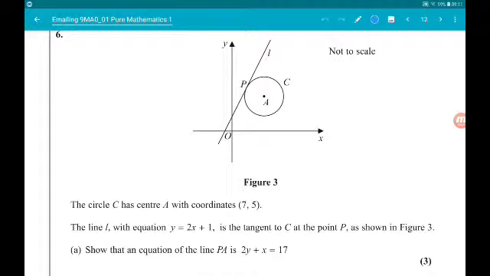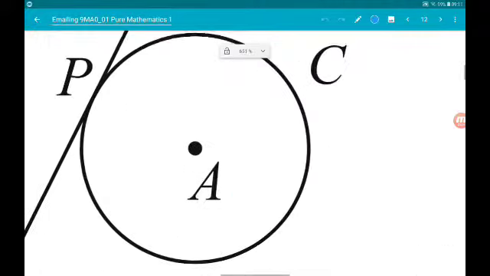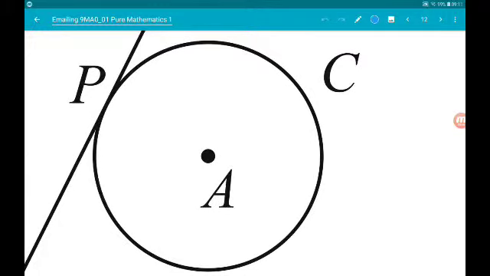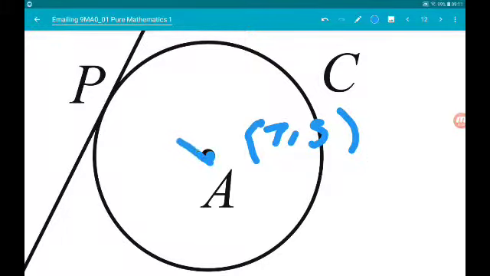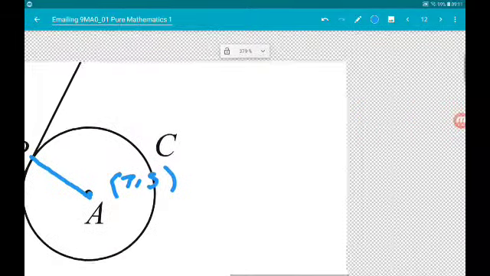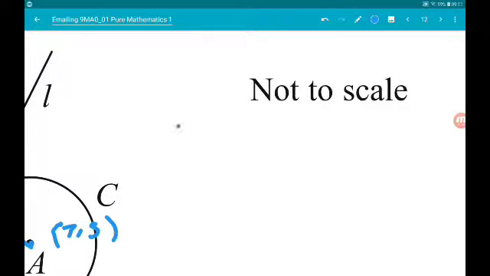Okay, so we know this point A has coordinates 7, 5. Now we know the line joining A and P is a radius. So, let's say PA is a radius. Now, L is a tangent.